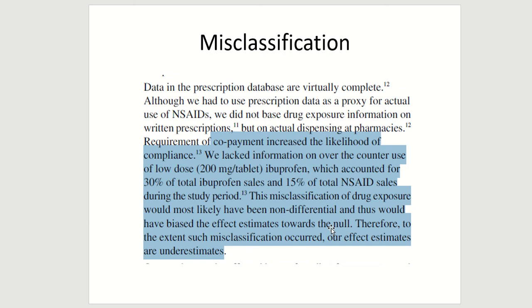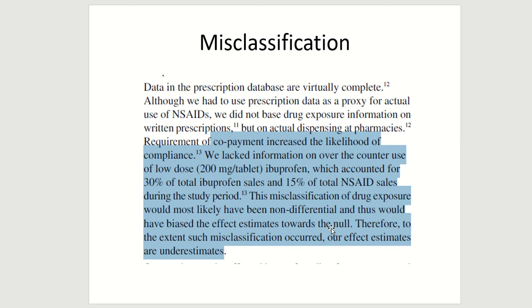They're saying that if we missed people taking ibuprofen, so if we missed people in terms of their exposure status, meaning there are people who should have been exposed and we put them as non-exposed, this error is non-differential. It happened equally in the cases and the non-cases, and therefore if our odds ratio has been biased, it has been biased towards the null.